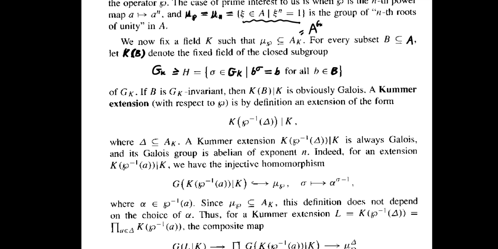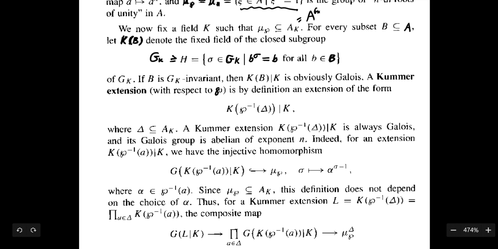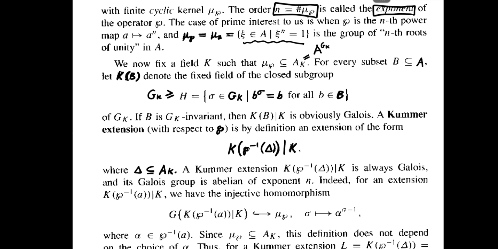A Kummer extension with respect to some morphism is by definition an extension of the form, here it's not B, instead of B, we put an inverse image of delta under P. Well, delta is a subset of A. A Kummer extension is always Galois.